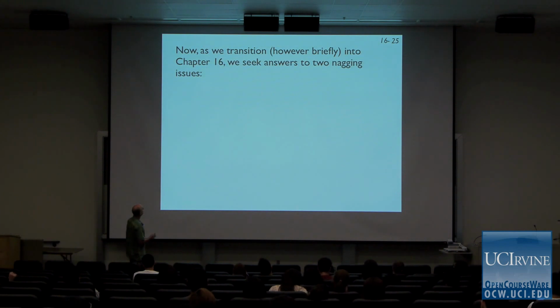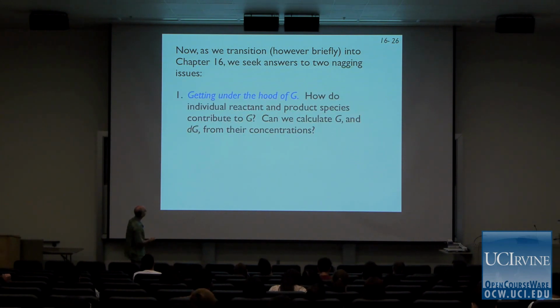Now, as we transition briefly into Chapter 16, we seek answers to two nagging issues. The first is, we haven't really said anything about how individual chemical species contribute to G. We said the Gibbs energy is very important.